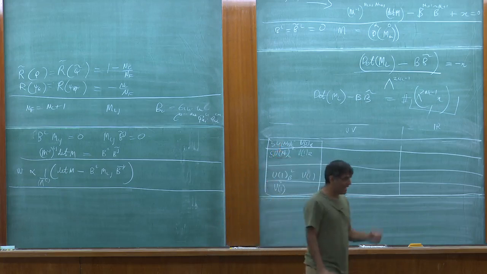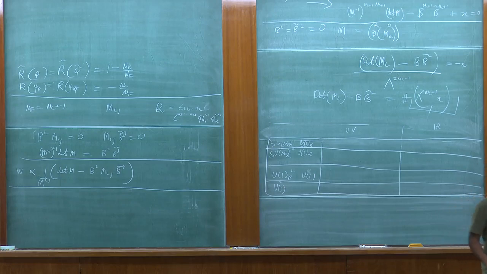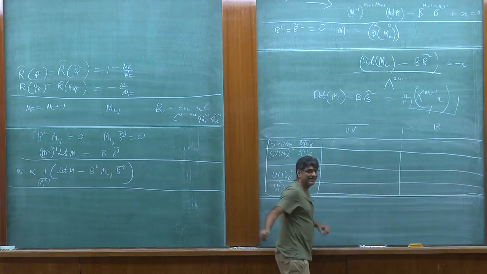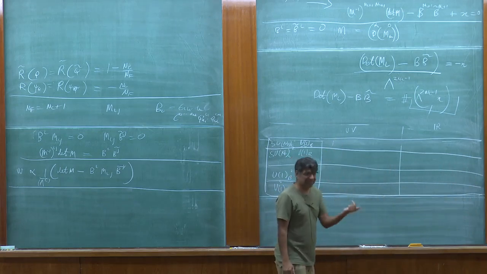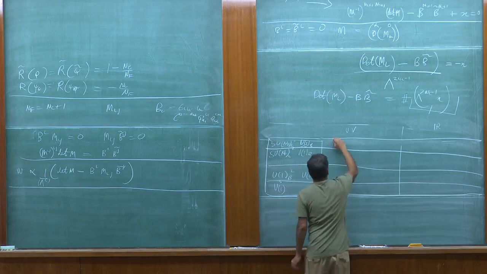Now, the quarks were fundamentals under SUNF. The Q's were fundamentals under SUNF. According to our rule, that contributes a 1, but there were NC of them. So that contributes an NC.